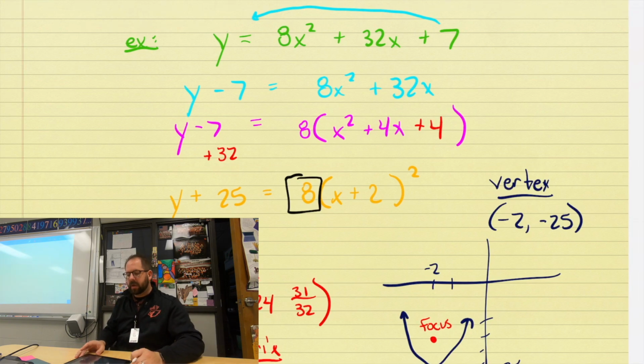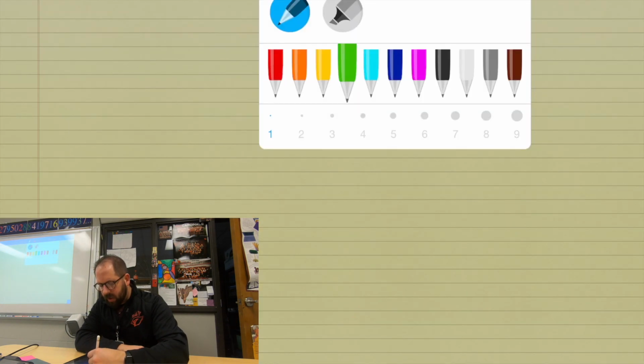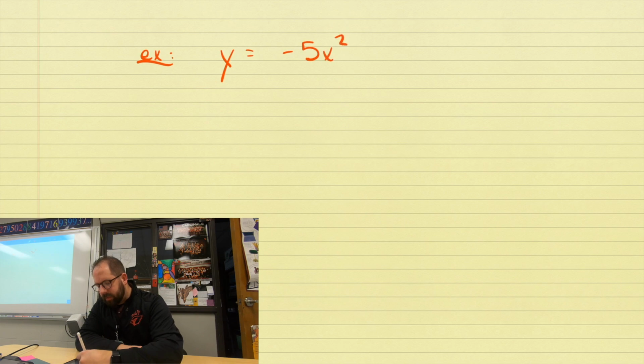Okay, last one here. That's the last problem of the day. Let's do one where we get a little creative. So let's go with y equals negative 5x squared plus 10x, plus, I don't know, 17.